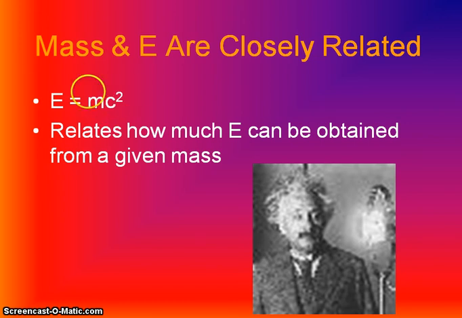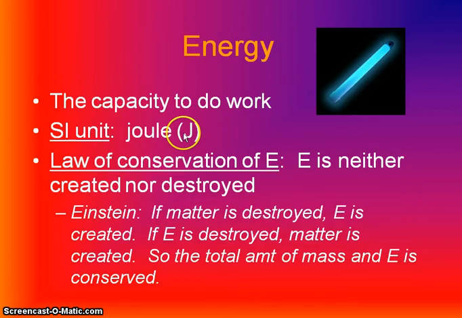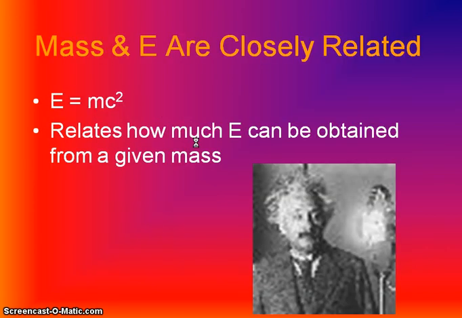Because of those units, kilograms for mass and meters per second squared, that will be equal to kilograms meters squared per second squared, which is what 1 joule is. They are equivalent to each other. So 1 joule is also 1 kilogram meter squared per second squared.